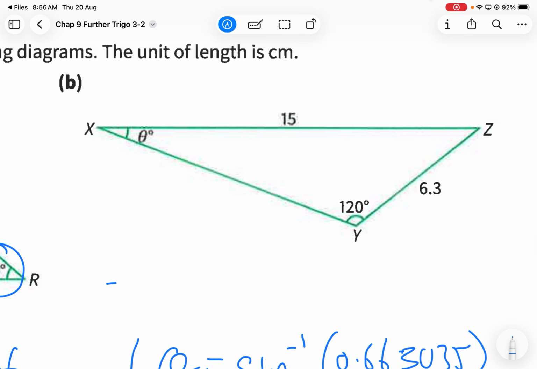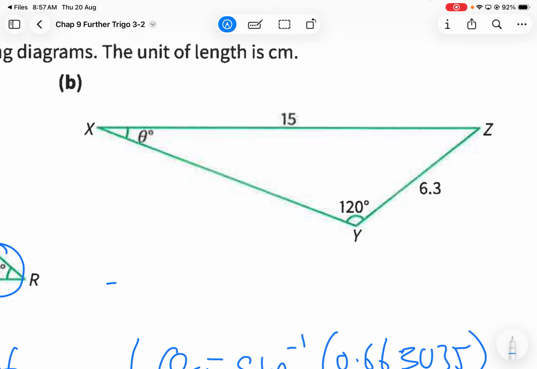Pair, so 120 and 15. Okay? We always need a pair. The angle and the side that it is facing, I need to know the values. I need to know a pair like that. Then I can use sine rule.